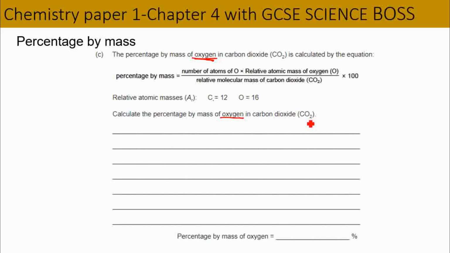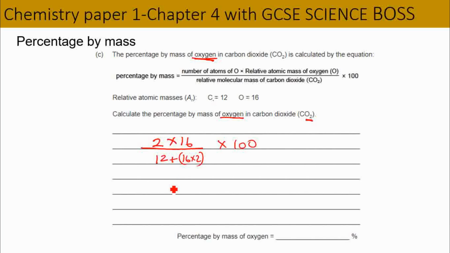So in carbon dioxide, I have 2 oxygen. So that's going to be 2 times 16 divided by the MR, the relative formula mass of carbon dioxide. So that's going to be 12 for the carbon plus 16 times 2, all in brackets. We're going to times that by 100.